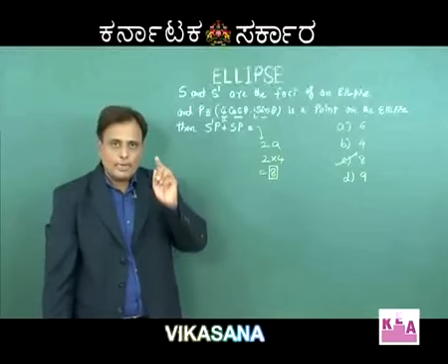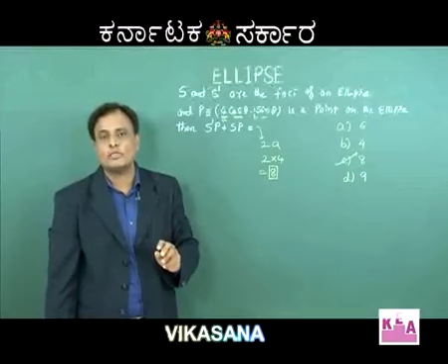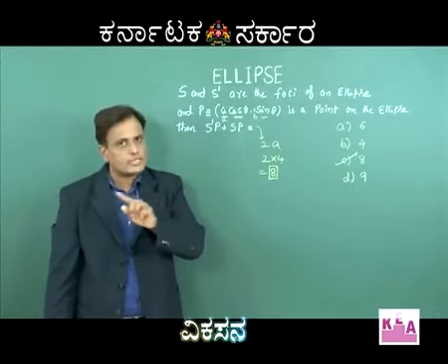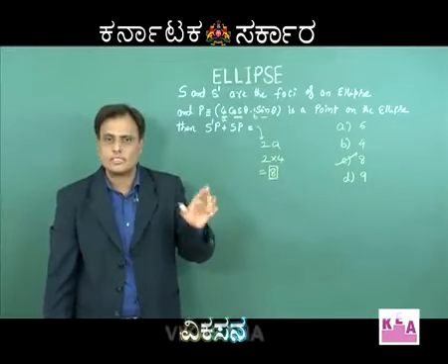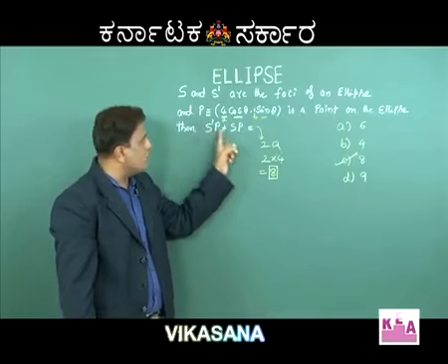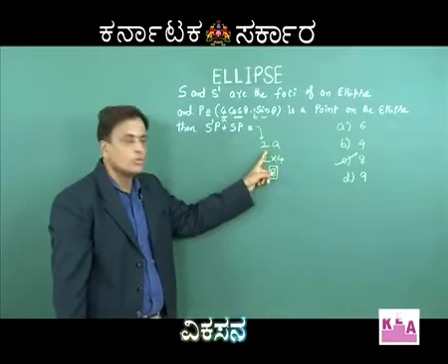Second, for any point on the ellipse, the sum of the focal distances is always equal to the length of the major axis. As you know, the length of the major axis is 2a. S dash P plus SP is nothing but the sum of the focal distances, which is equal to 2a.